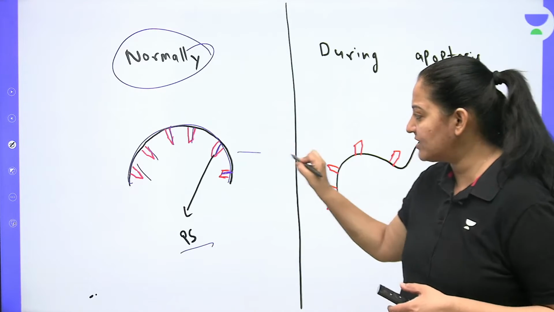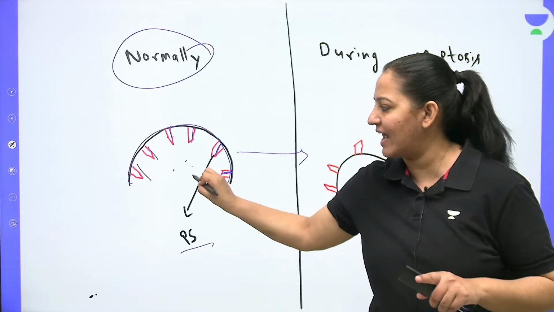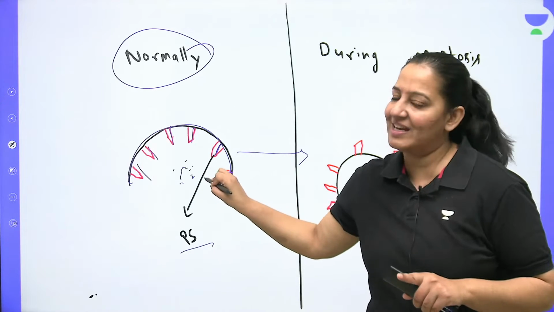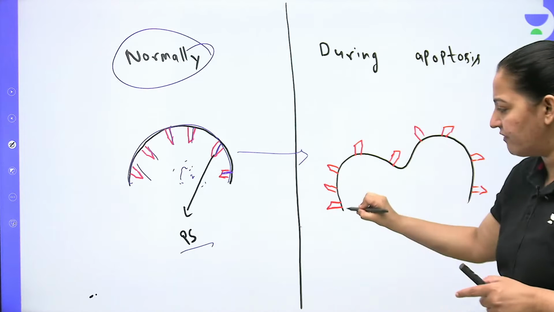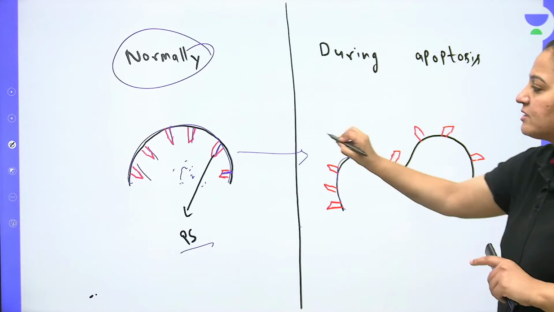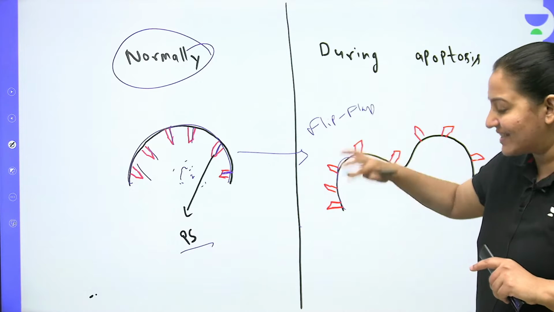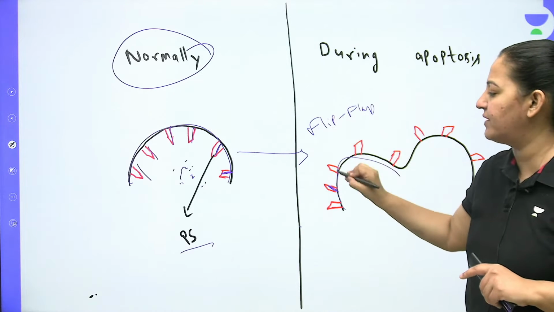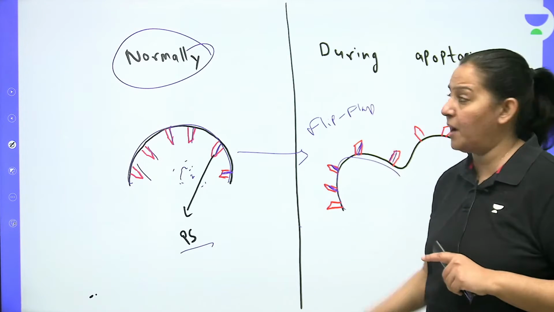But when the cell converts into apoptotic bodies, during apoptosis with the help of caspase, caspase 9, caspase 8, all the caspases are activated and converting it into apoptotic bodies. During this conversion, there is a flip-flop, that is, externalization of the phosphatidylserine taking place. So here the phosphatidylserine is present on the external surface in the apoptotic cell.